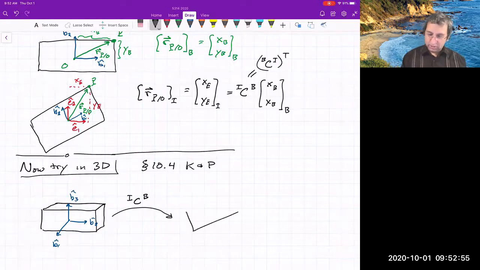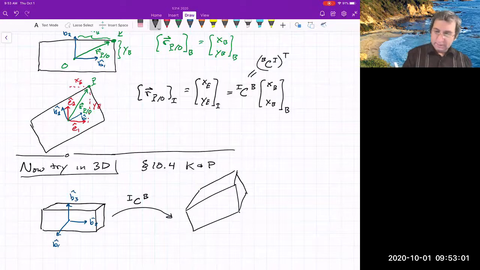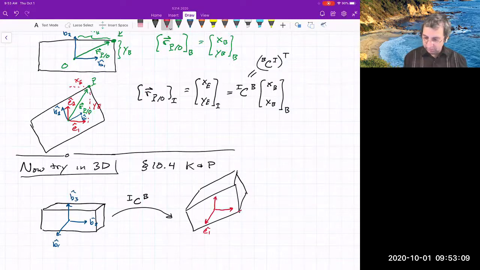So I'm going to try to now draw the box at some kind of weird angle. And here's the inertial directions. And then the body fixed directions will be at some orientation compared to that. B1, B2, B3.